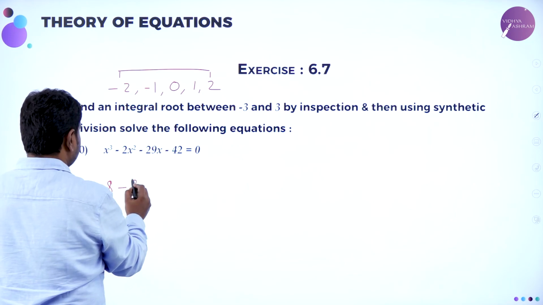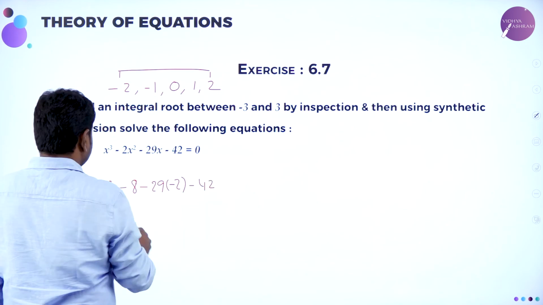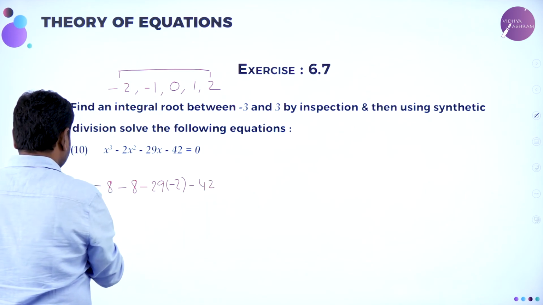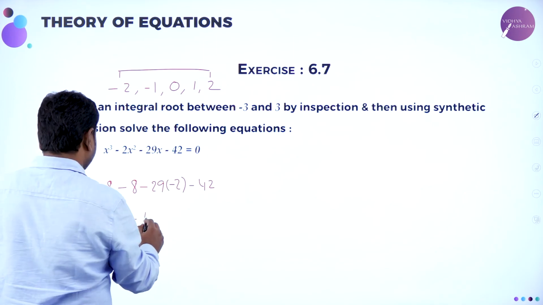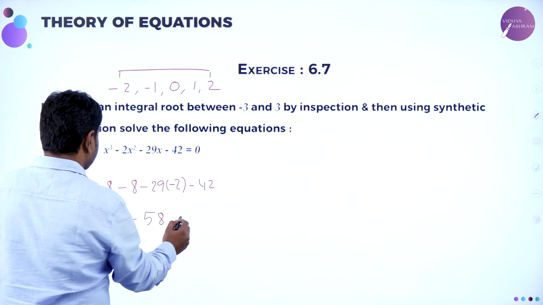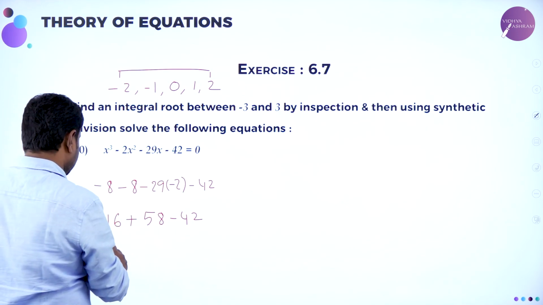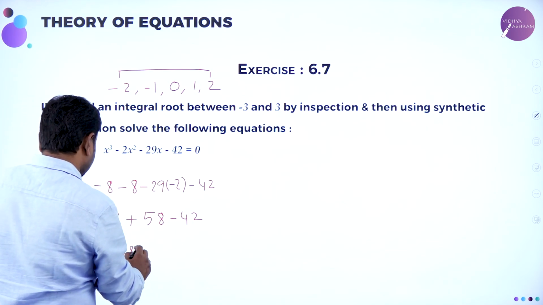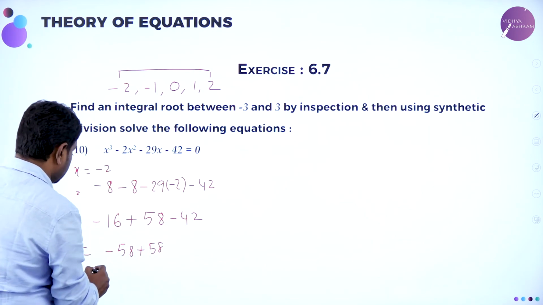Minus 8 minus 29 into minus 2, that is minus 16 plus 58 minus 42. So minus 42 minus 16 is minus 58, plus 58. Yes. So when I tried x is equal to minus 2, I got the answer.